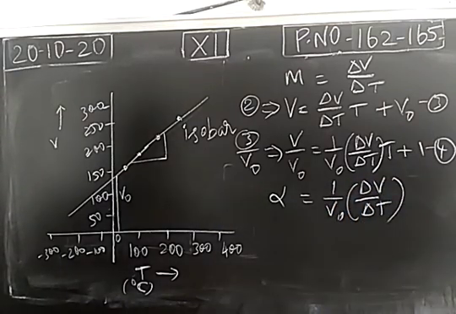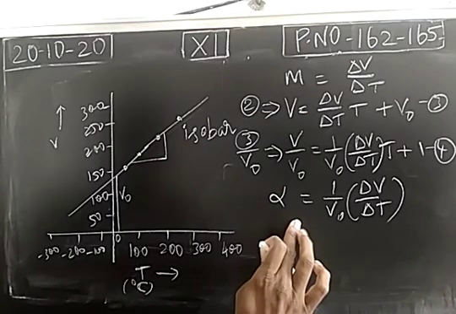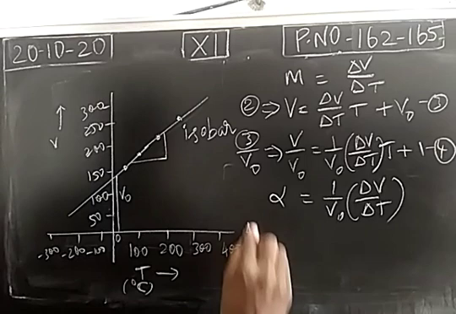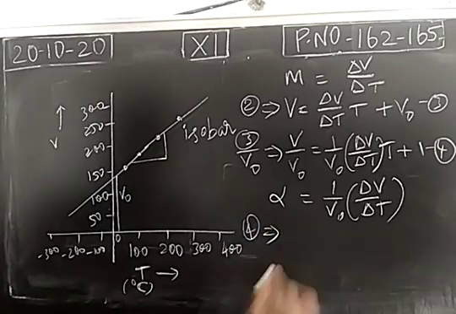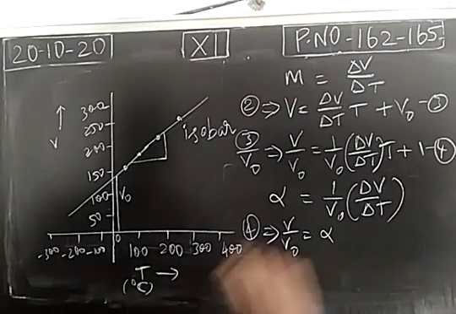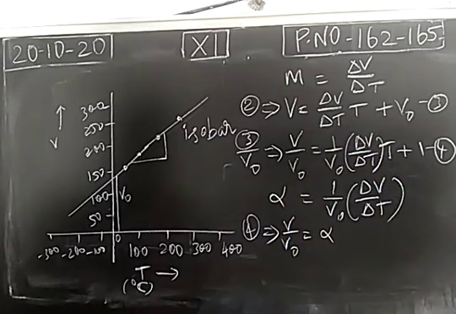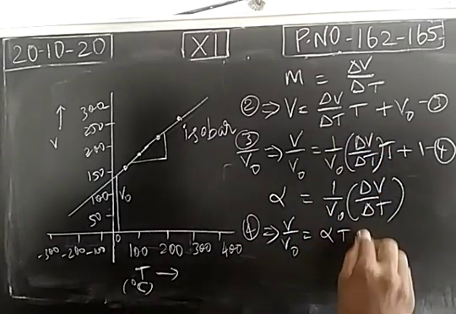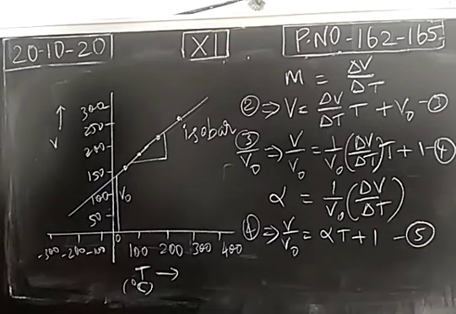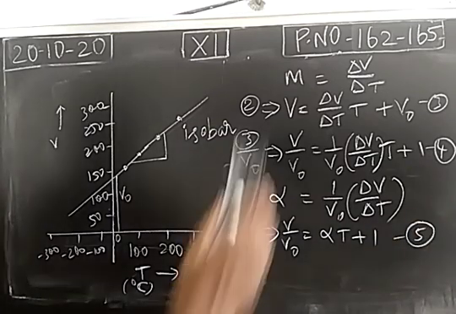So this factor is introduced to substitute the alpha value in equation number 4. Take equation number 4, V by V0 is equal to, instead of this we substitute alpha T plus 1. We take it as equation number 5.